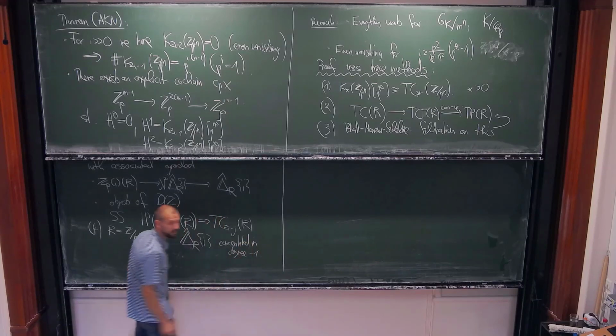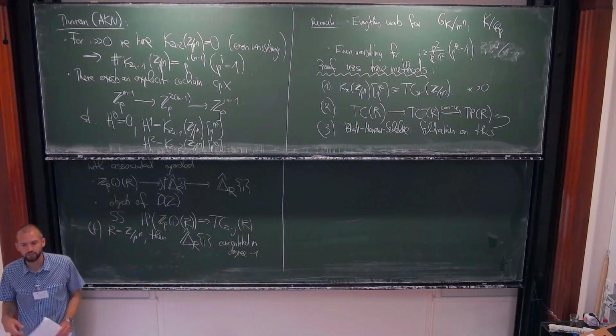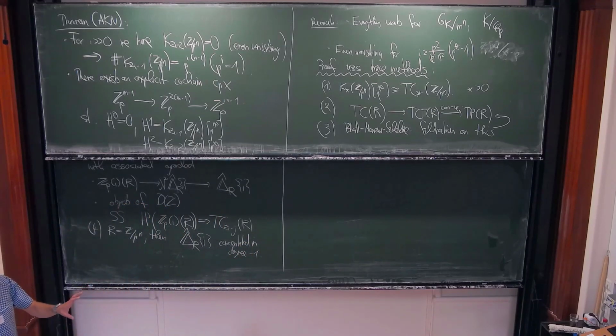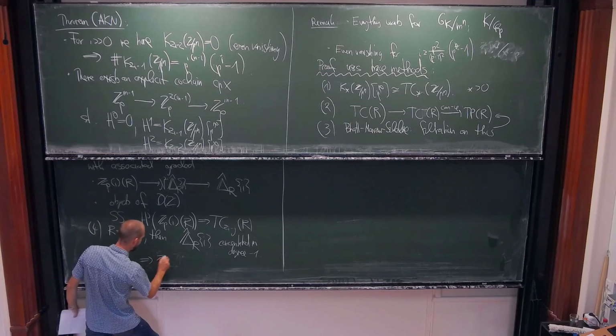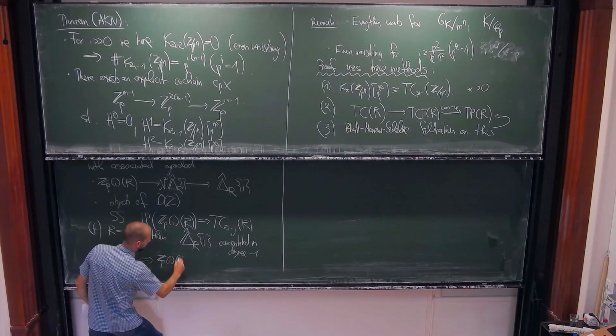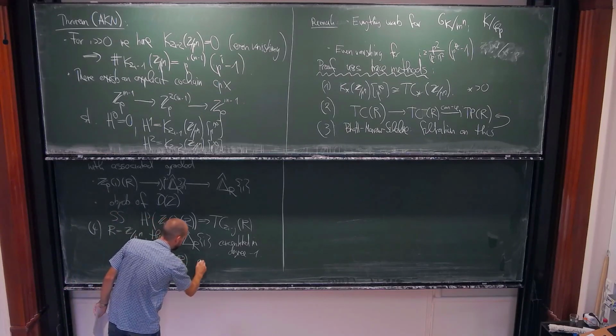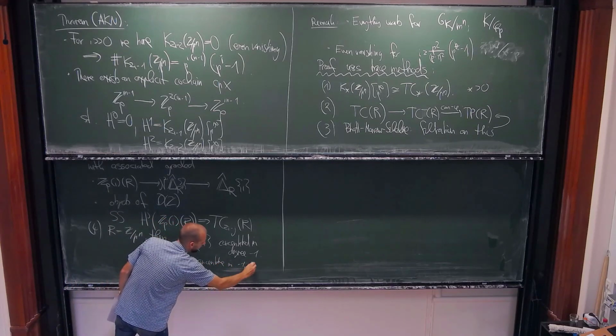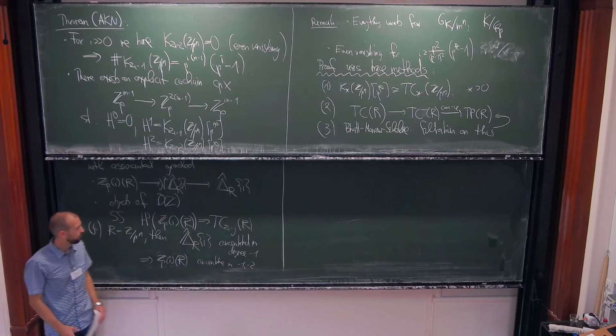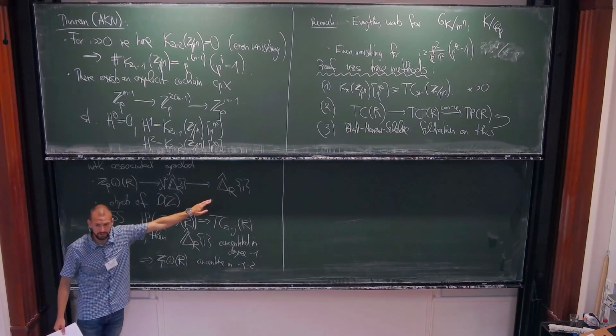So it's a chain complex, but it has homology only in homological degree -1. As a result, we get that this Z_p(i)(R) is concentrated in degrees -1 and -2. Right, it's a fiber between two things which are concentrated in degree -1.